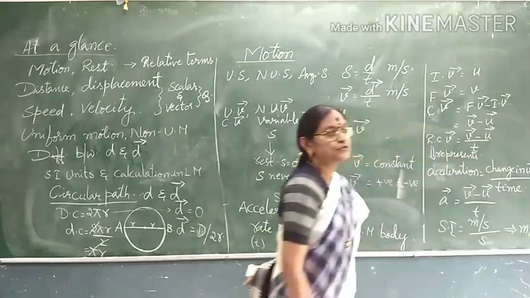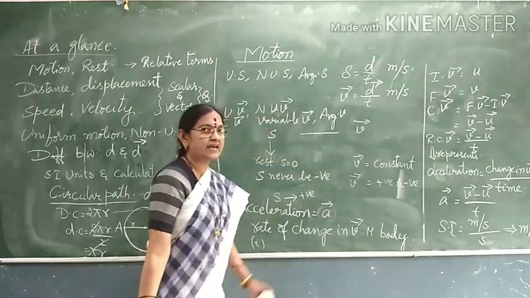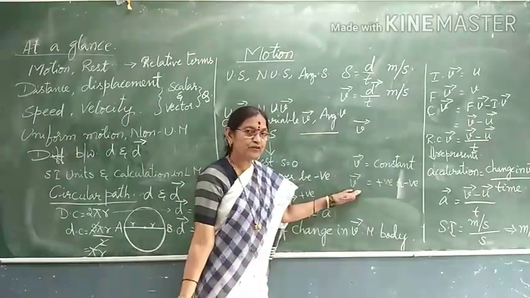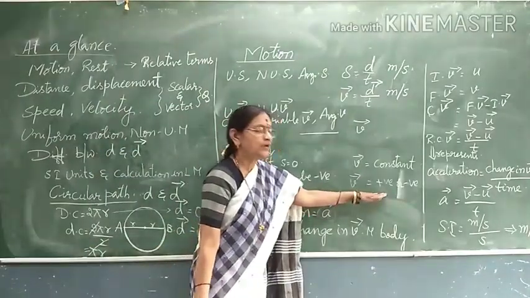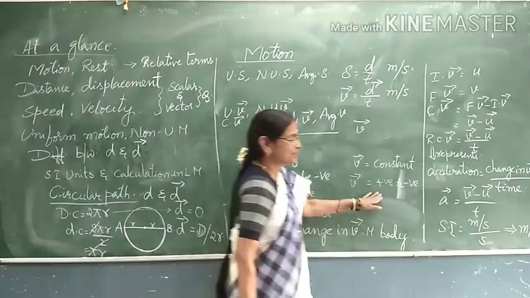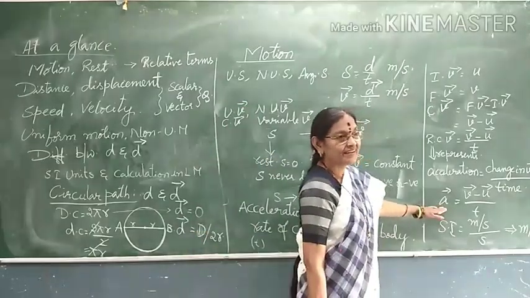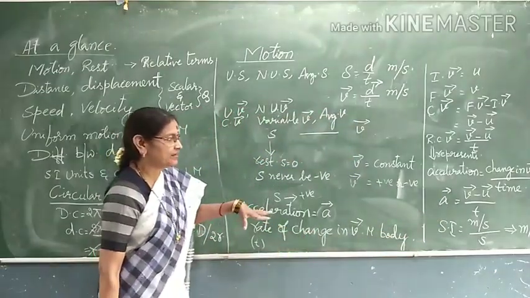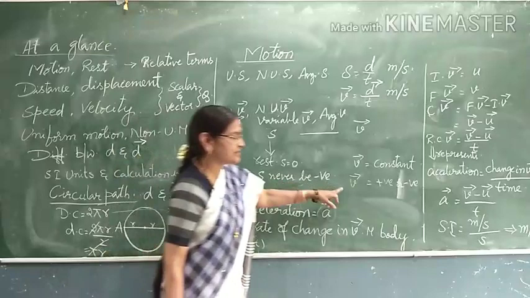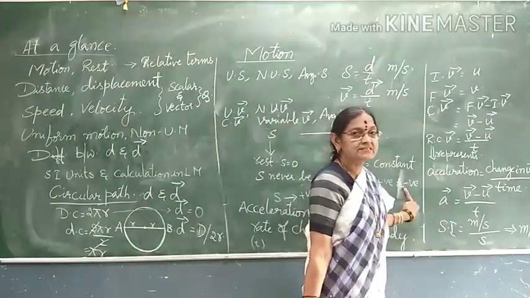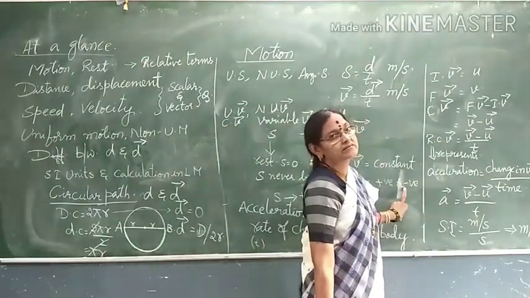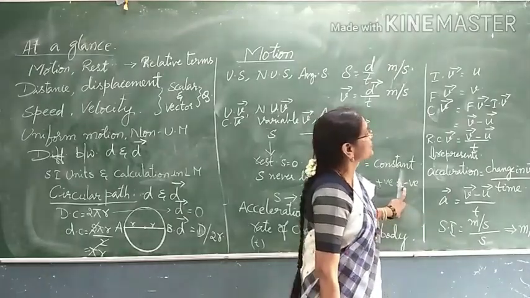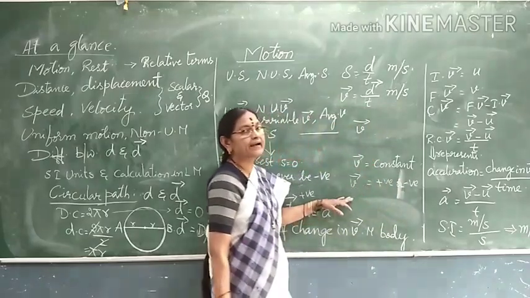Have you understood? When the velocity of a moving body is increasing, then we can say that the body is accelerating. Have you understood, children, till acceleration? Suppose the body is going and the velocity is decreasing, then we will say it is negative acceleration. Negative acceleration is also known as deceleration or retardation.